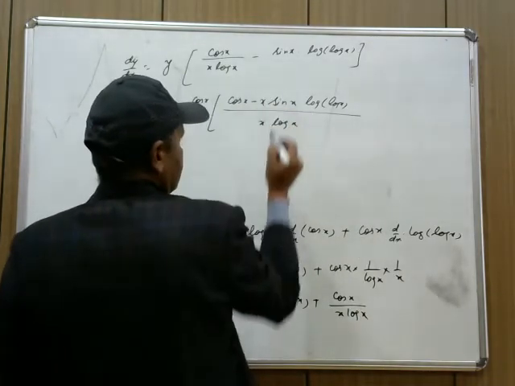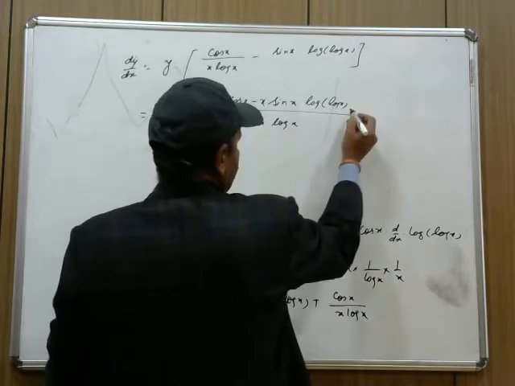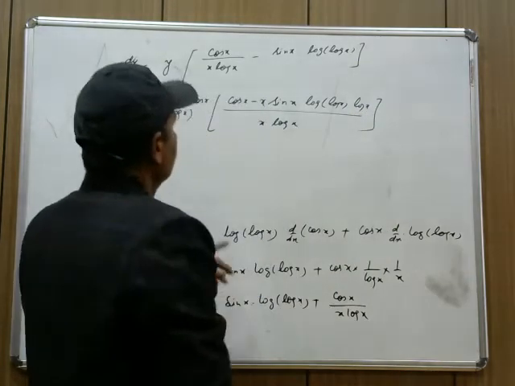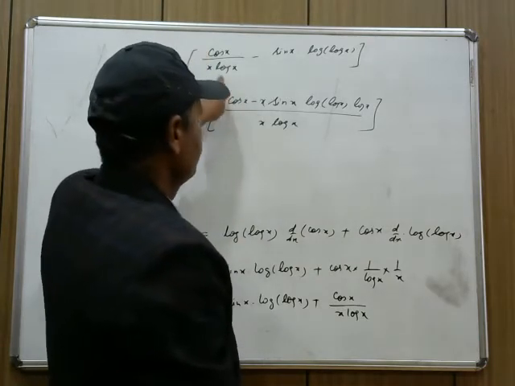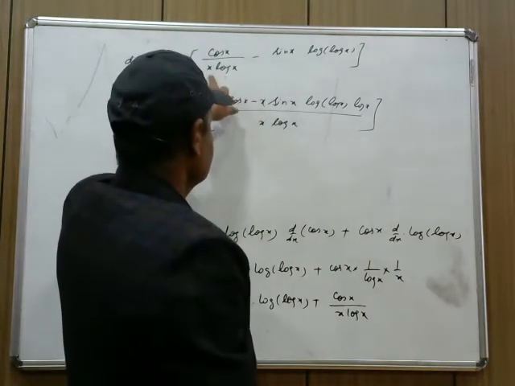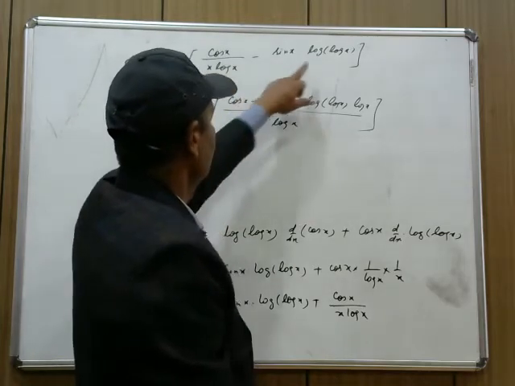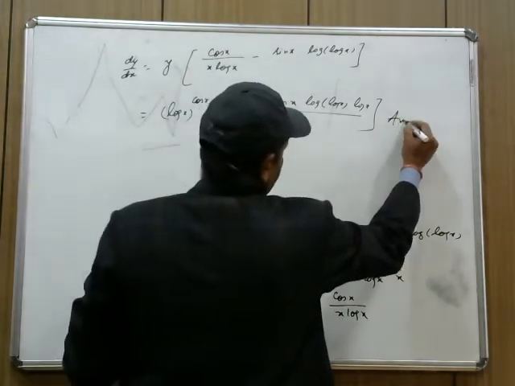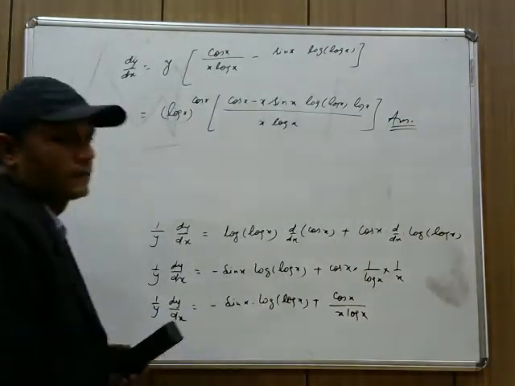I'll write here x, and log x is there also, therefore I'll write here log x. So now cos x, x log x is the same: cos x minus x sin x log x into log of log x. Now this we write as the answer. Fine.